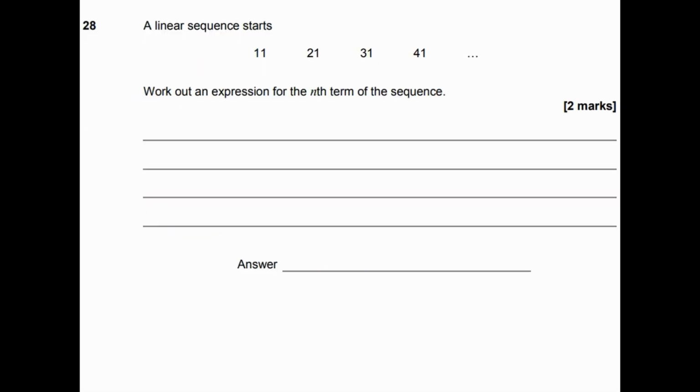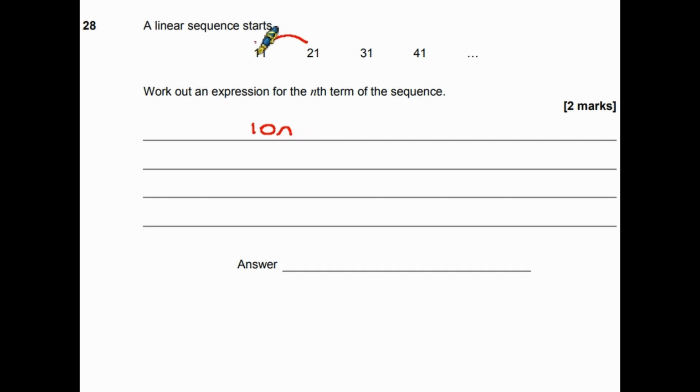And finally, we reach question 28. It's a linear sequence and we're told it starts 11, 21, 31, 41. Work out the expression for the nth term. In other words, the expression for this sequence. Well, first of all, we look at the gap. It is going up by 10. Therefore, the expression starts 10n.